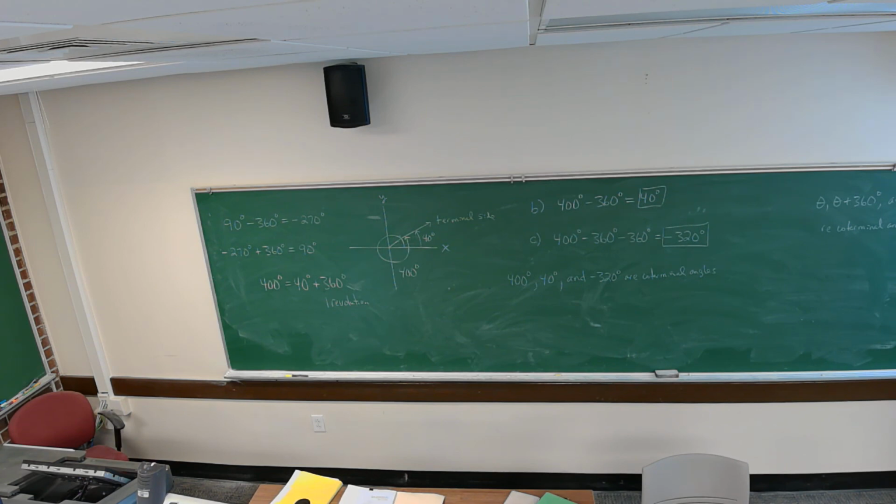Vertex is at the origin, the initial side is along the positive x-axis, and this is the terminal side. And this is a circle. Remember, we studied the equation of a circle. This is a circle with its center at the origin, and it has a radius of r, right? The distance from the center to any point on the circle is r units.